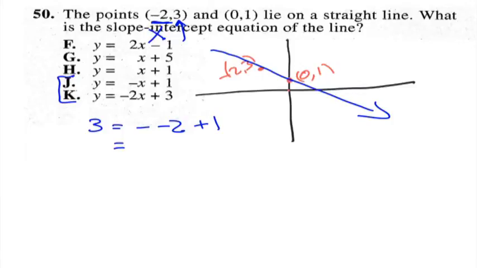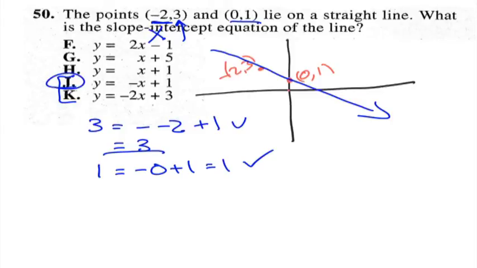Well, that works because that gives me a 3, which is just the 2 plus 1. All right. And so now we test it with the second set of points. It has to work with both of them. So if I do this one, I'm saying 1 is equal to -0 + 1, and it is equal to 1. So that works, and that works, which would make J the answer to this one.